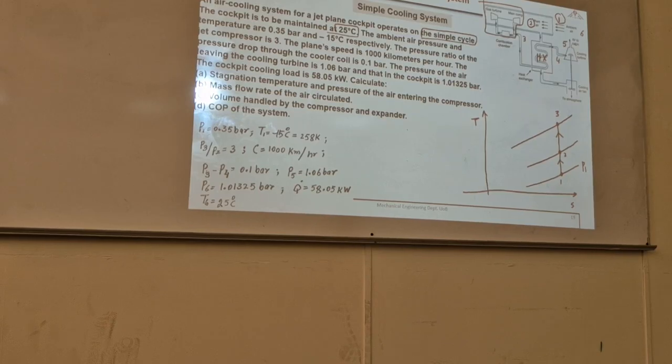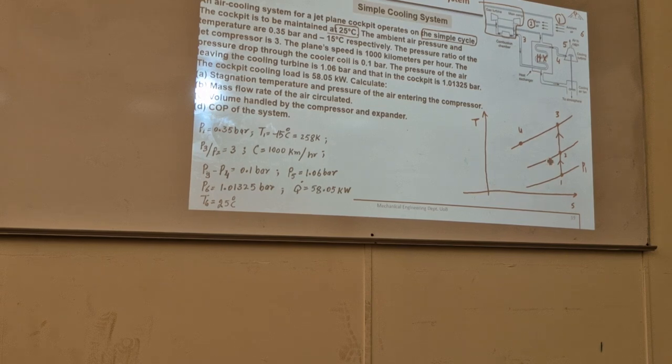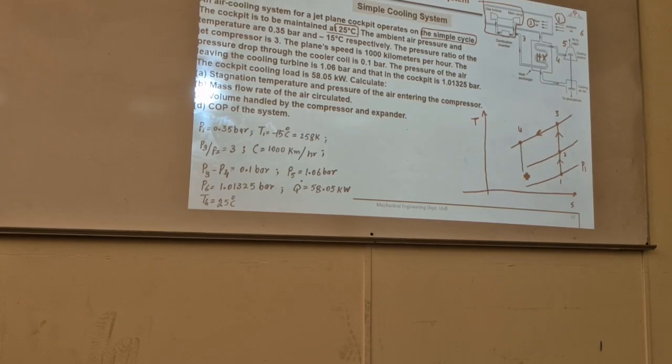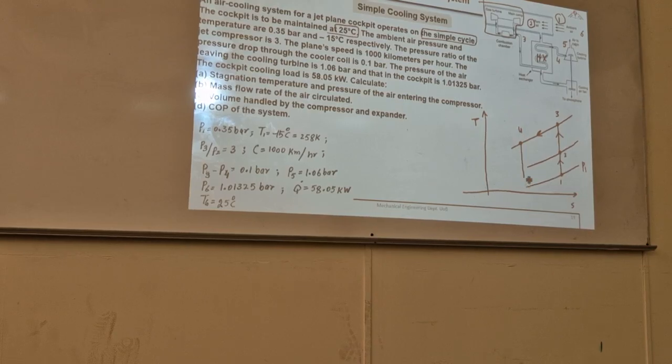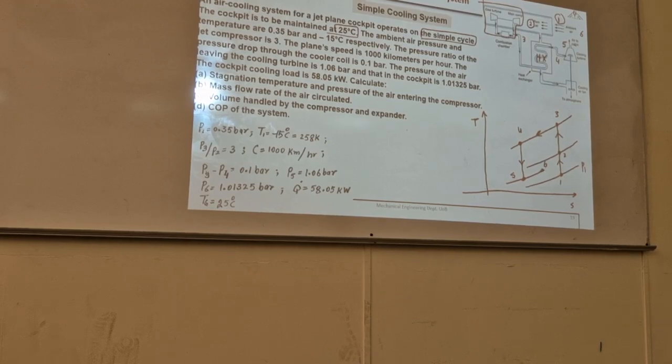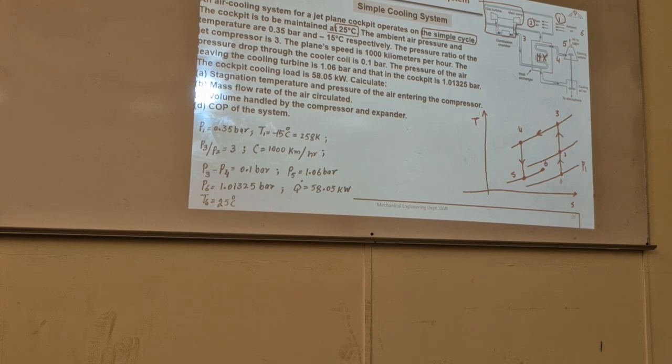Then 3 to 4 is isobaric heat transfer in the heat exchanger, or cooling of that air. Then 4 to 5 is another isentropic expansion in a turbine. 5 to 6 is the cooling effect or refrigeration effect. Here we have assumed all the processes as isentropic or isobaric.